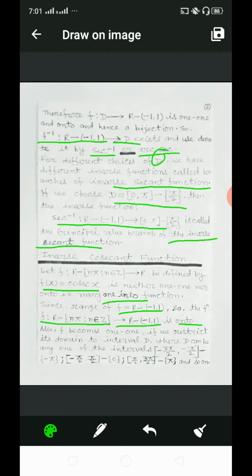And for an invertible function it should be one-one also. So we restrict its domain to an interval D, where D can be any one of the intervals: closed interval [-3π/2, -π/2] minus {-π}, closed interval [-π/2, π/2] minus {0}, closed interval [π/2, 3π/2] minus {π}, and so on.